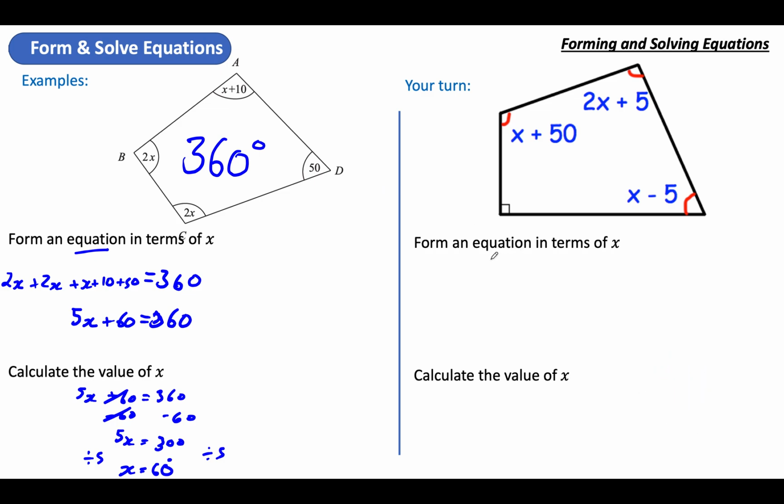Unpaused. Form an equation. An equation has an equal sign. Add up these angles. Now remember, this one down here with the right angle is 90. I said that before. See a right angle on a diagram like this, write in 90 so you don't forget it.